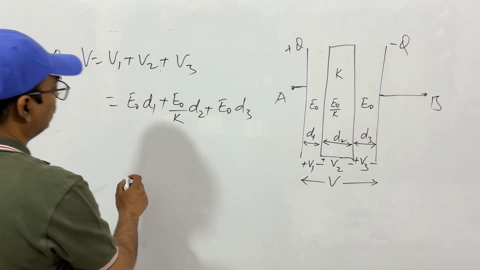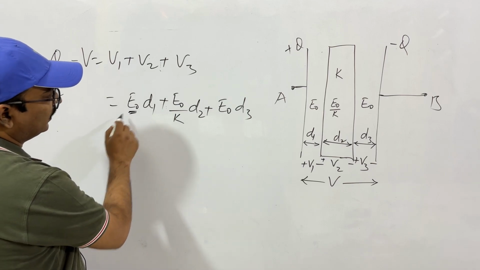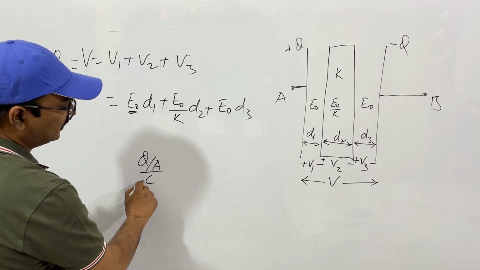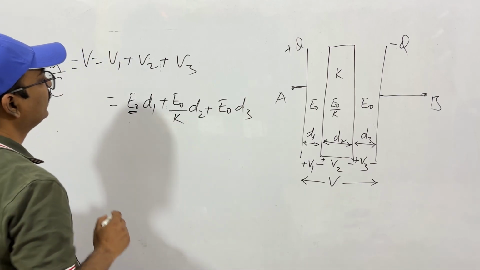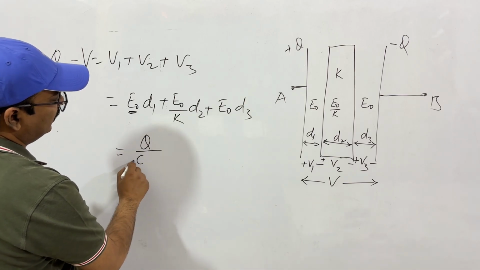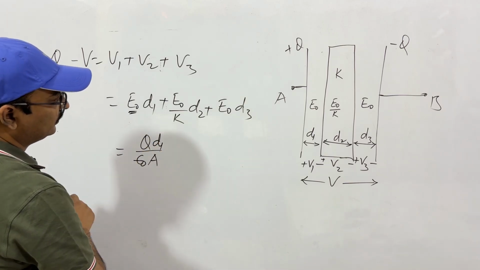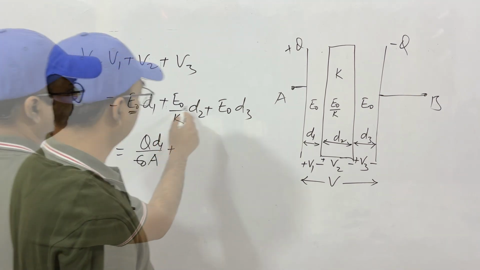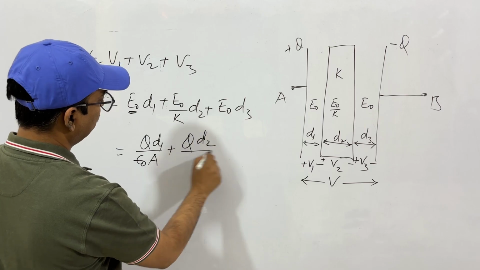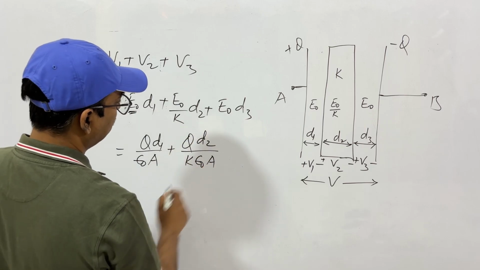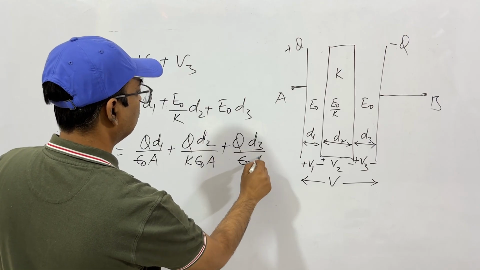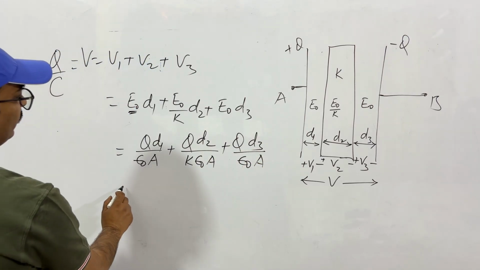And you know from Gauss's law, E0 is equal to Q by A, that is sigma by epsilon 0. This you know. So from here what you get is Q by epsilon 0 A into d1, then you have the other terms.